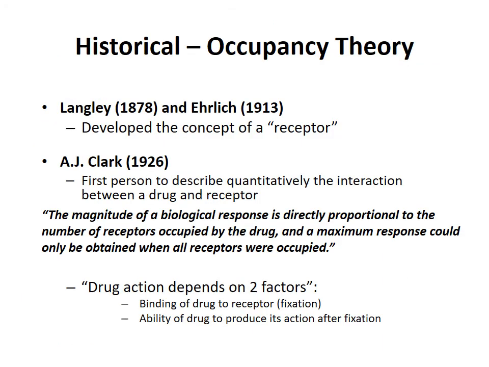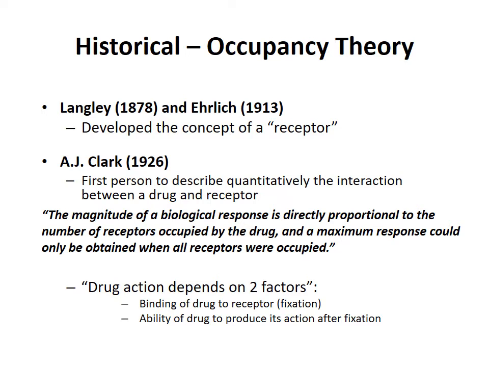Now I want to go into just a little bit of history on how scientists initially believed ligands interacted with receptors, and this is something called the occupancy theory. So just again a little summary of what happened. Langley and Ehrlich quite a while ago developed the concept of a receptor.